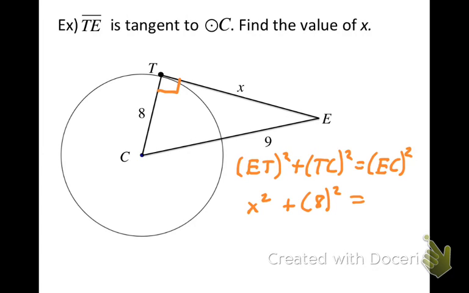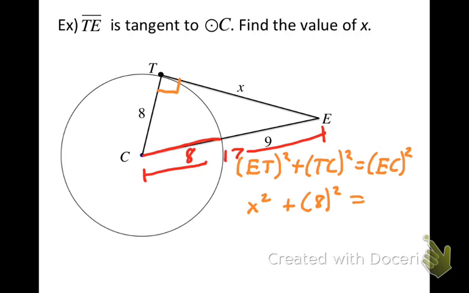But can you use a property of a circle to figure out how long this entire hypotenuse is? How about the fact that this segment from C to here is a radius, isn't it? That has to be 8 as well, which then tells me that this whole distance EC is 17. So there's your hypotenuse there.